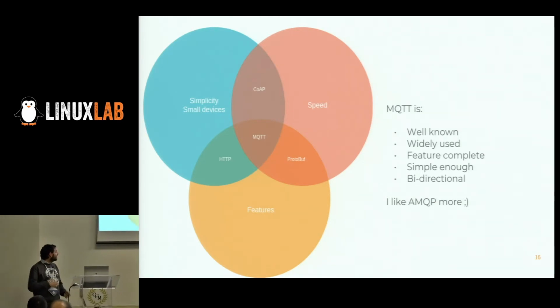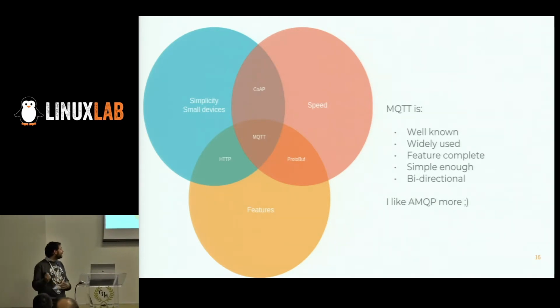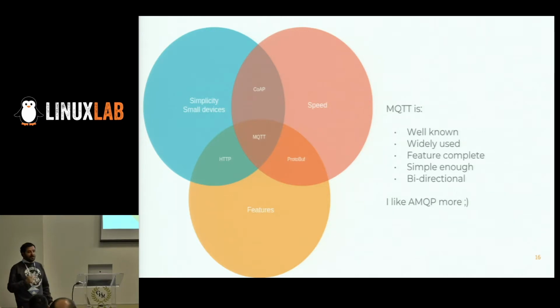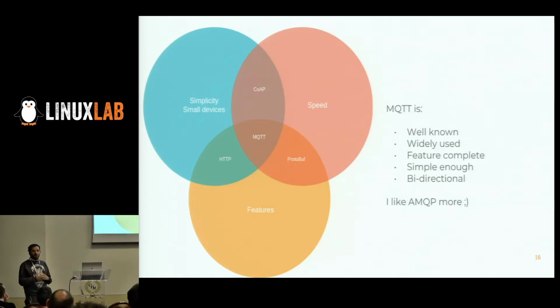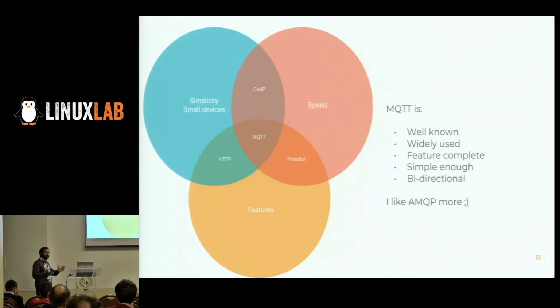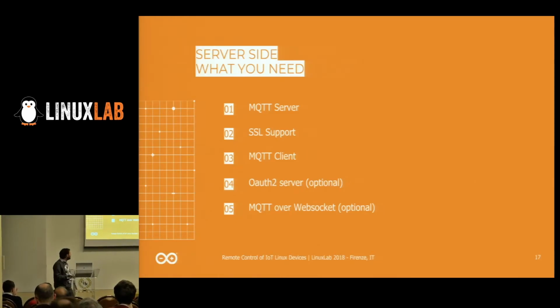There are some that are super fast and have a lot of features, like protobuf, but they don't really run on super small embedded devices. Then you have HTTP that everyone can understand, but it's not really super fast because it has a lot of boilerplate around. Then there is CoAP that is based on UDP with all the issues that we have seen before.